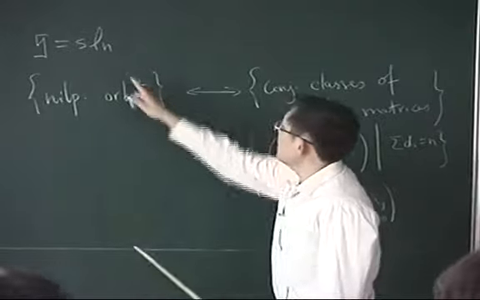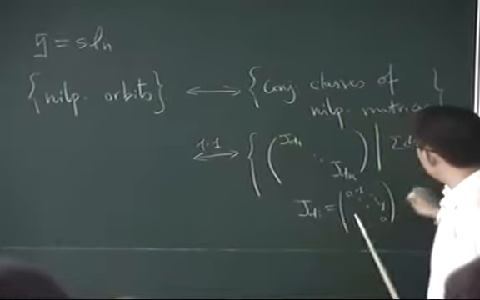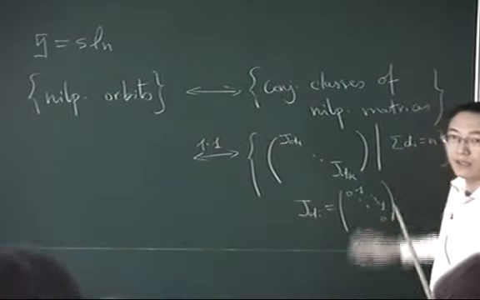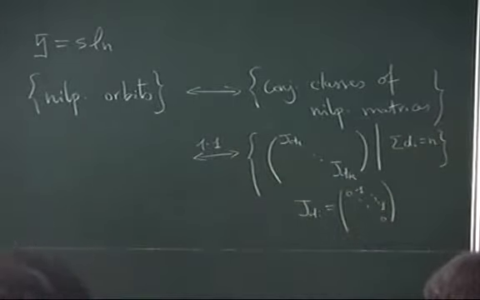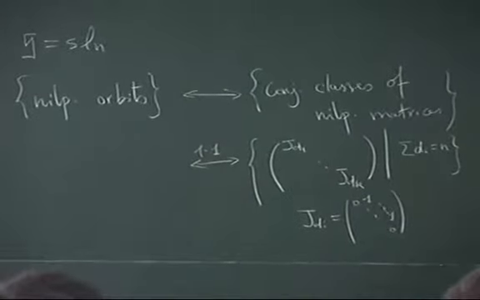It means in the case of SL_N, nilpotent orbits are just parameterized by partitions of N. And in other cases, it's similar, but given by some special partitions of N.